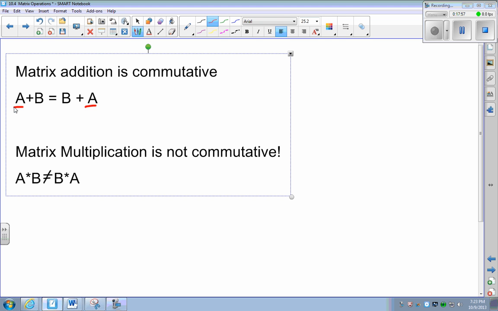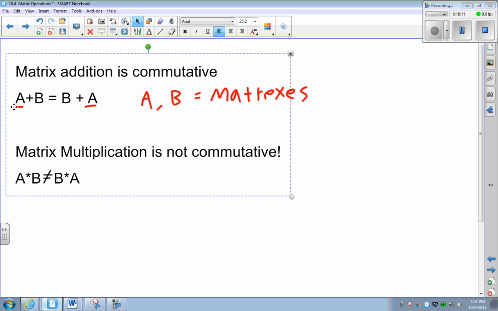Now I just wanted to make sure this is clear. A and B are matrices. Now when we multiply though, they will not equal the same thing when we switch them, right? So now when we move this A from left to the right, they will not equal the same thing.